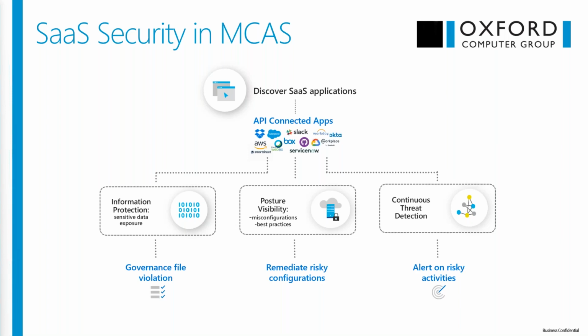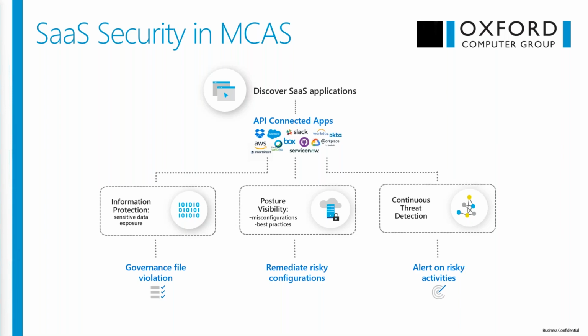We talked about before that discovering shadow IT is one of the primary use cases for leveraging a CASB solution in your environment. Once you have that data exposed and you go this next step with connecting those apps via their APIs, you get even greater visibility. Now you can start doing things like governance of file violations, right?